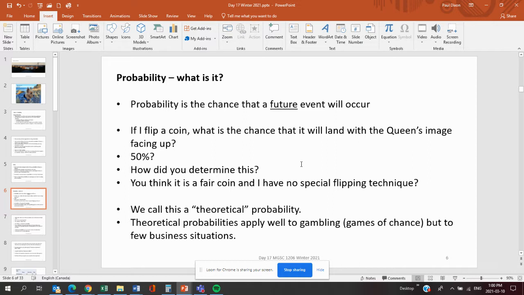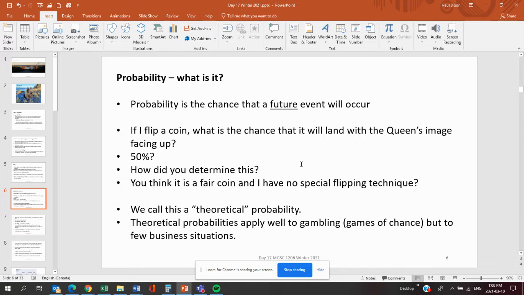Coins are generally fair. If I throw it in the air, I don't know how it's going to come down. The chance it's going to come up with the queen looking up at me is probably 50%. That's based upon a belief, a theory, that both sides have equal chance of coming up, that there's nothing secret, no special way of making the queen side come up more often or less often than the caribou.